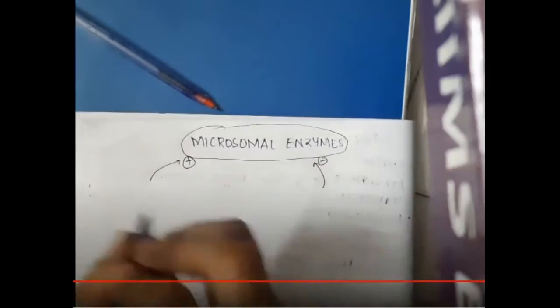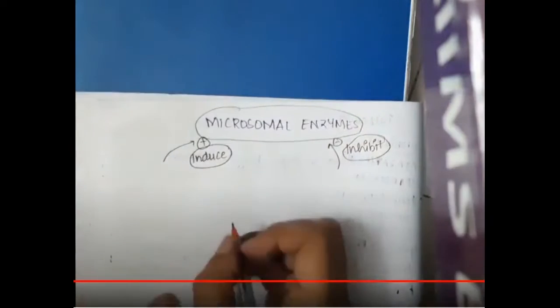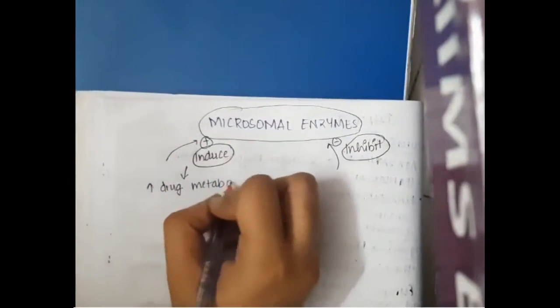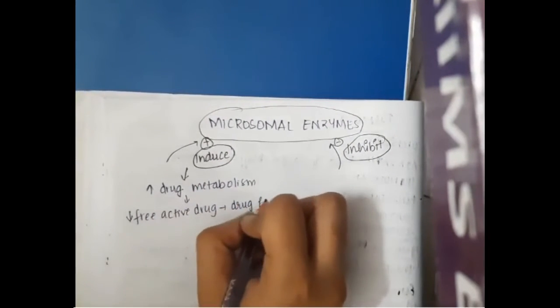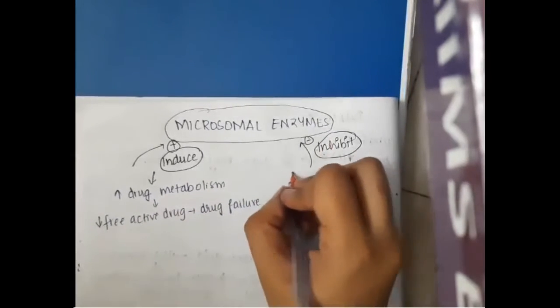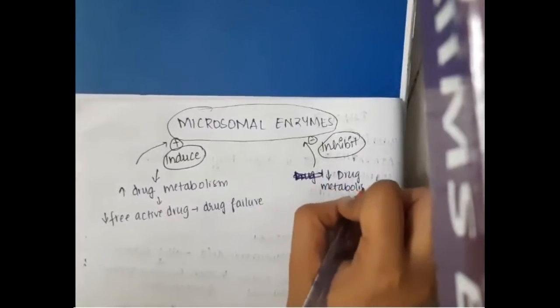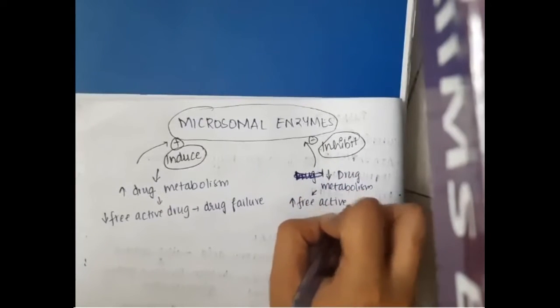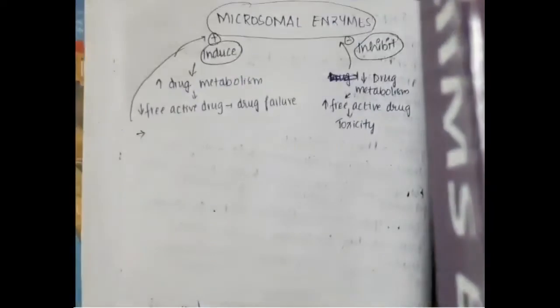There are some drugs which induce these enzymes and some which inhibit them. Drugs which induce the microsomal enzymes will increase drug metabolism, thus decreasing the active drug present, leading to drug failure. Drugs which inhibit the microsomal enzymes will decrease drug metabolism and increase the free active drug, leading to toxicity.